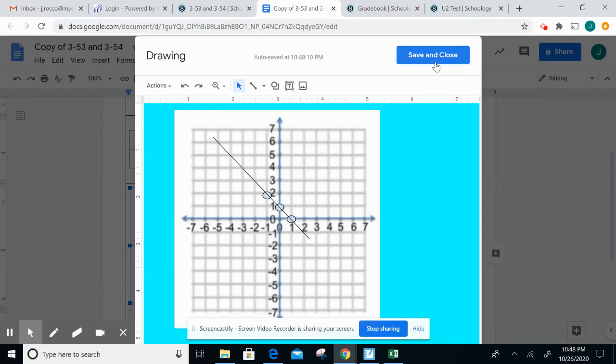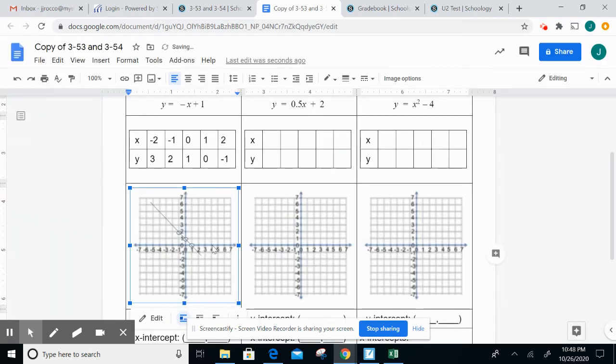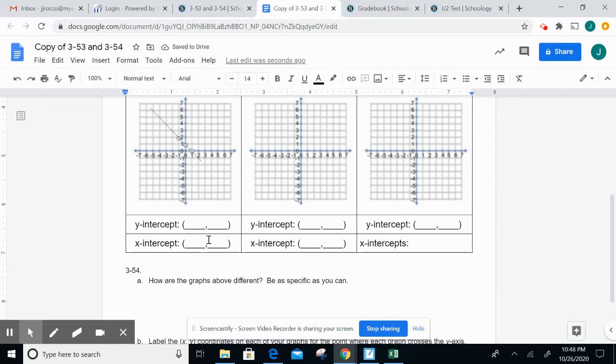So when it asks you for the x-intercept and the y-intercept, you're looking for the point where, for the y, it crosses the y-axis, and you can see it crosses right there at 0, 1. Okay, and then for the x-axis right here, it's going to be 1, 0. So you're just identifying the point where it crosses the different axes.